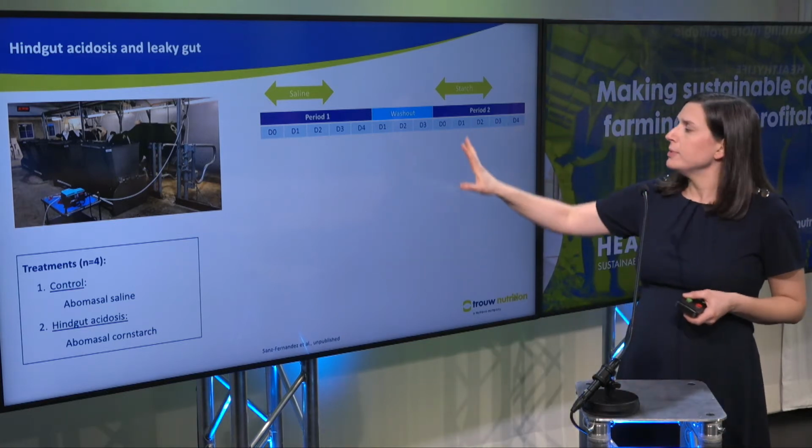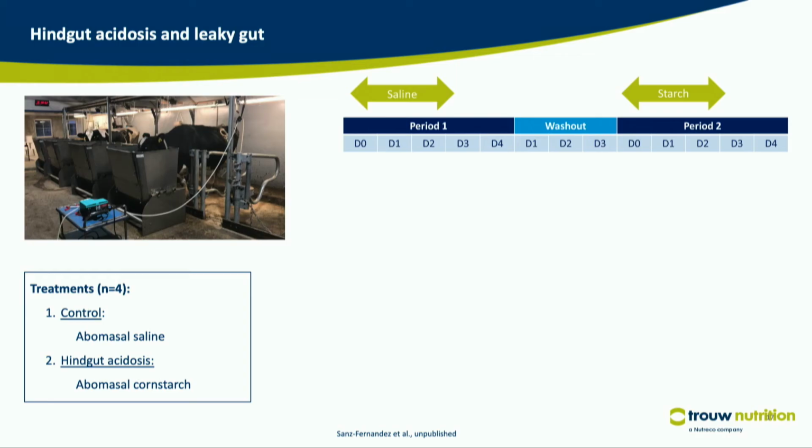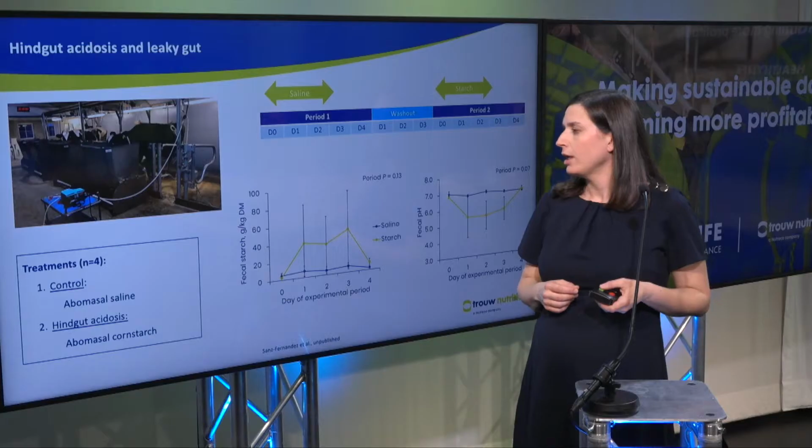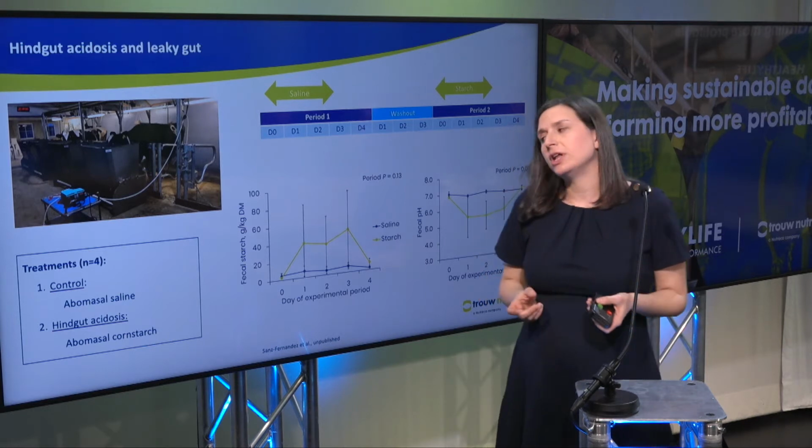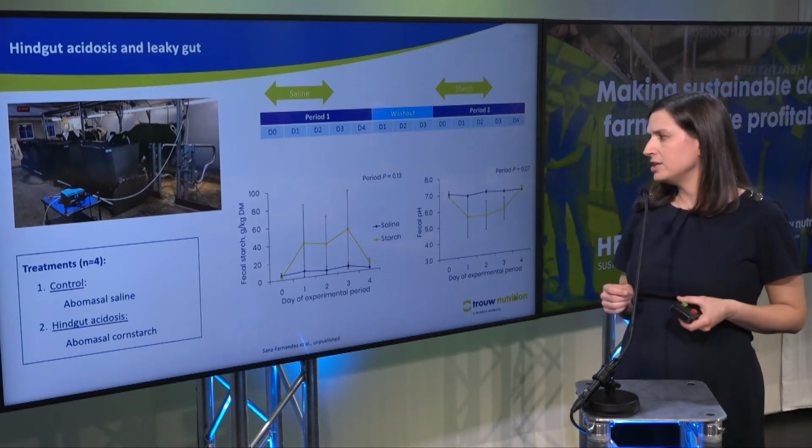This is the experimental schematic of that experiment. We had 2 periods, the saline one. Here we took our baseline measurements. We gave a break to the cows for a few days, and then we did our starch infusion, and we took our challenge measurements then. We were actually quite successful at inducing hindgut acidosis. This is shown in this graph.